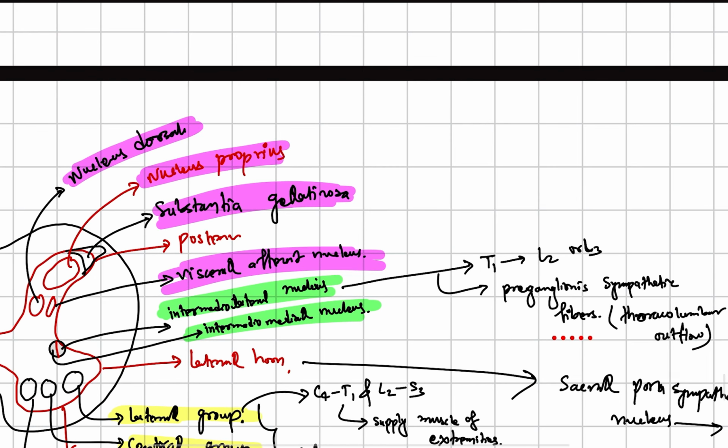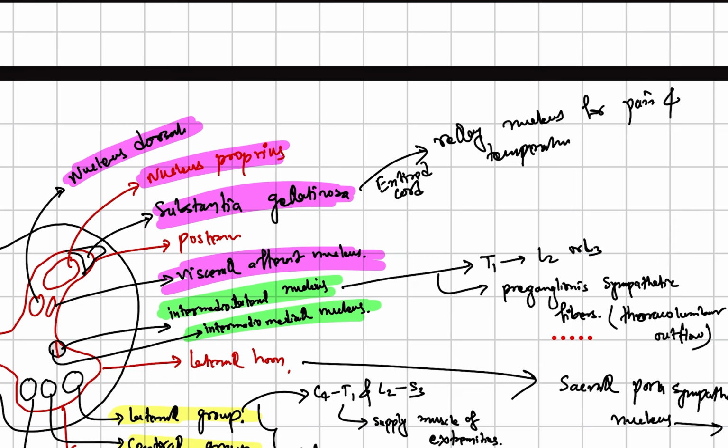In the posterior there is substantia gelatinosa, present in the entire cord, and its function is as a relay nucleus for pain and temperature. It also modifies the transmission of sensory input.